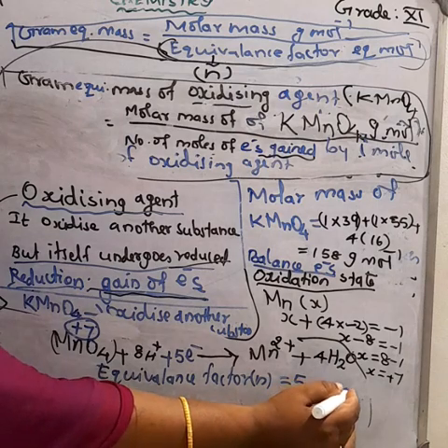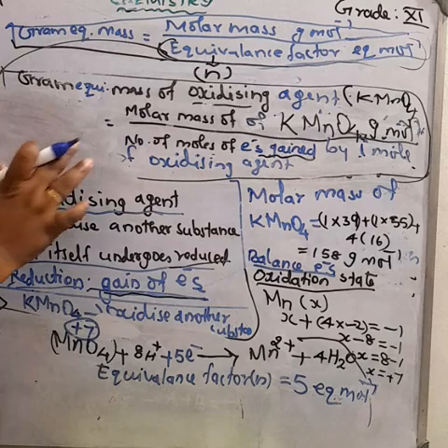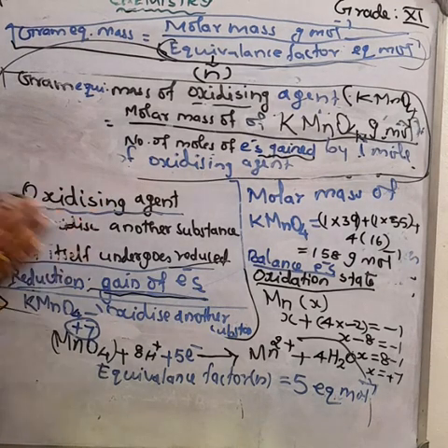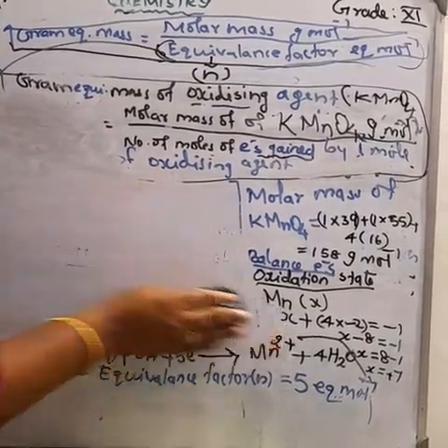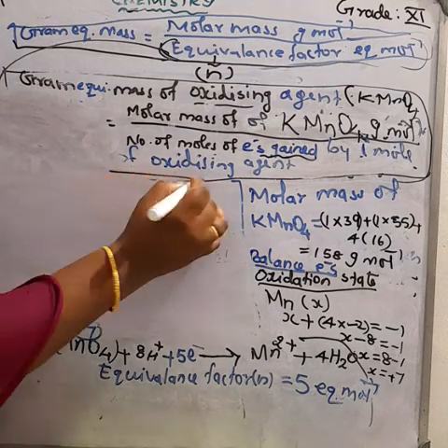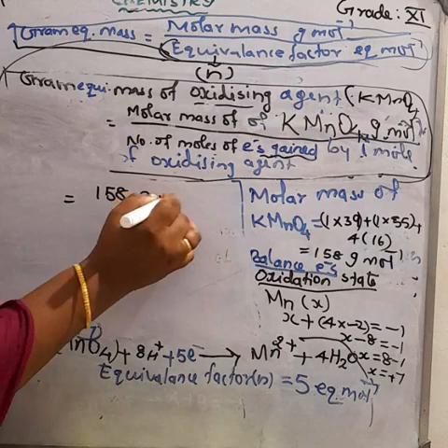Understood? So what is our formula? Gram equivalent mass is equal to the molar mass of the oxidizing agent divided by the number of moles of electrons gained. Here the oxidizing agent is KMnO4, and its molar mass is 158 gram per mole. How many moles of electrons are gained? 5.